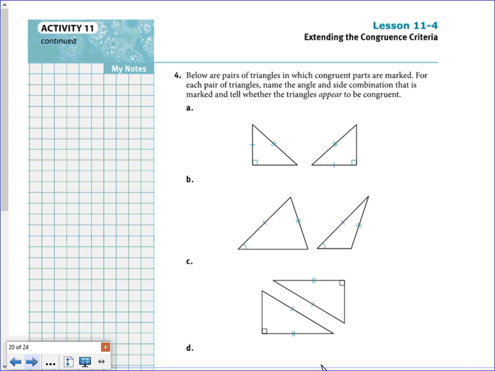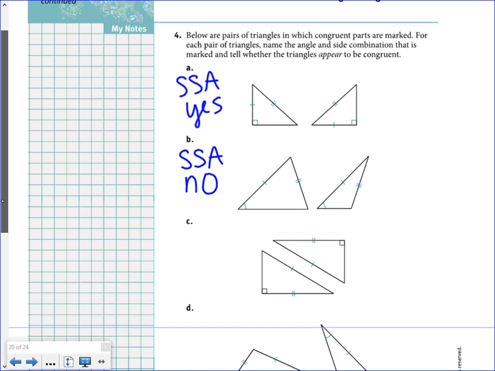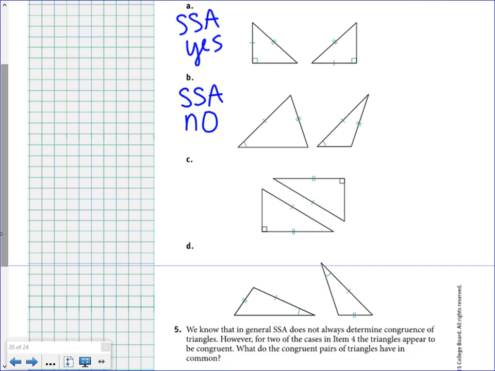So if you look at the first one, what is marked is side-side angle. And they do appear to be congruent. For the second one, what is marked is again side-side angle, but they do not appear to be congruent. For C, it is again side-side angle that's marked, and yes, they appear to be congruent.